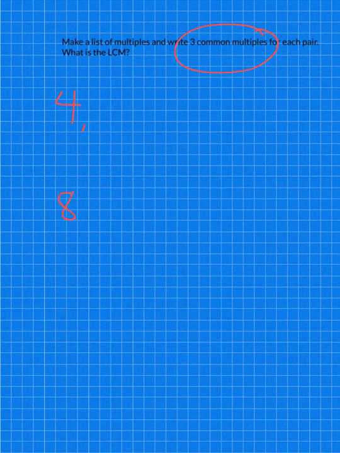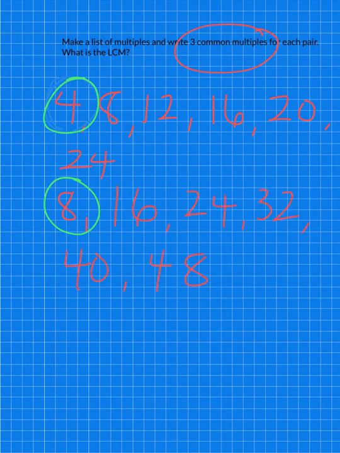Let's pick the first 6 multiples for each number. So 4, 8, 12, 16, 20, 24. That's for 4. And now for 8, we'll do the same. I'll just continue them for you: 8, 16, 24, 32, 40, and 48.